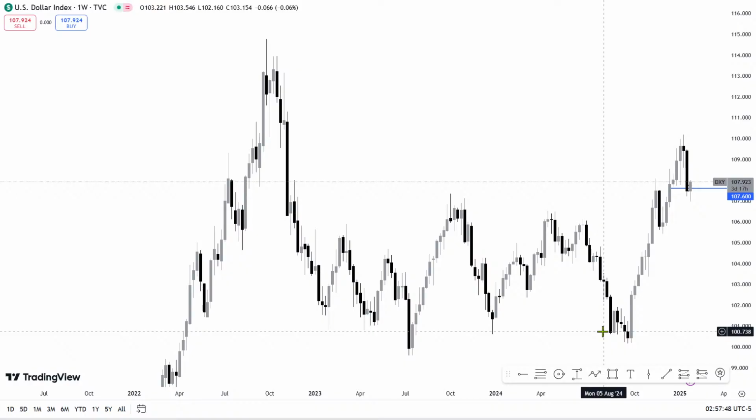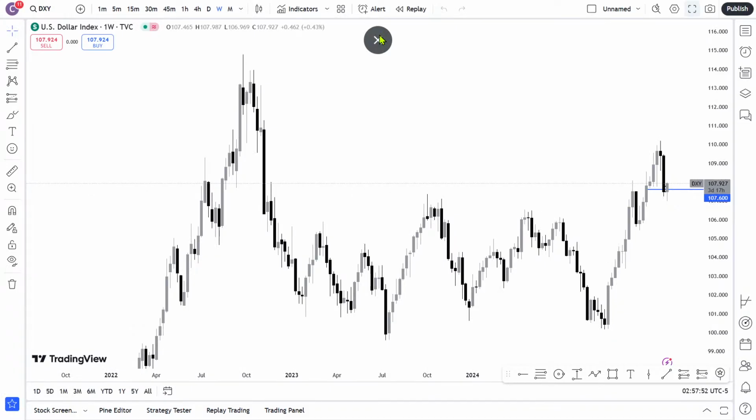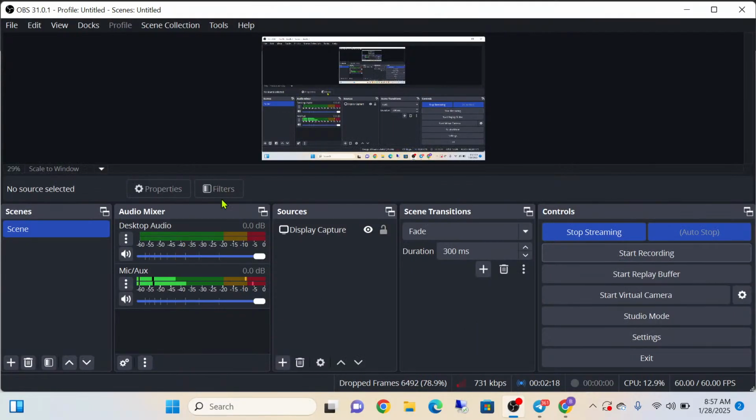Alright, so today we're going to go through a top-down analysis process for the dollar and foreign currency.